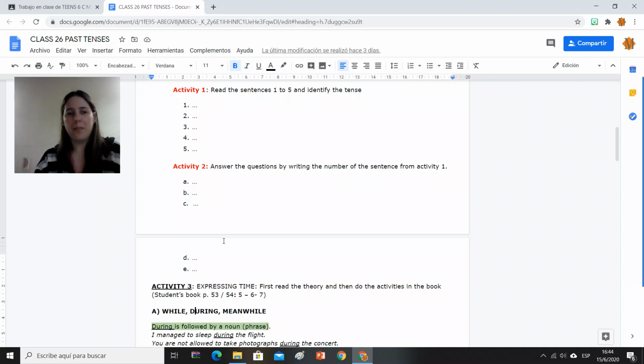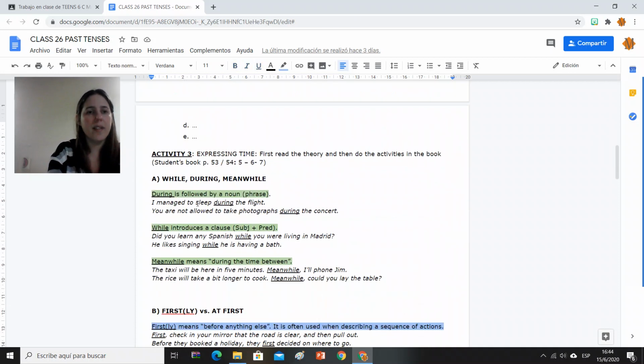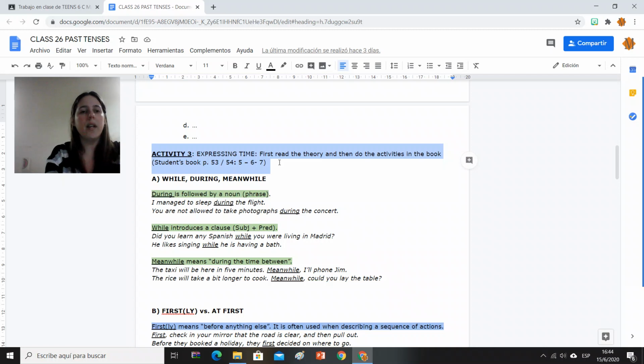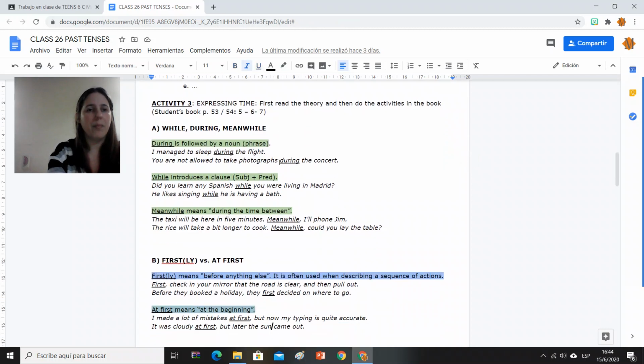¿Sí? Ok. And then, activity number 3, which is here, says expressing time. First read the theory and then the activities in the book on pages 53, 54, 55, 56 and 57. Entonces, antes de hacer los ejercicios, vamos a leer estas palabritas que expresan tiempo.